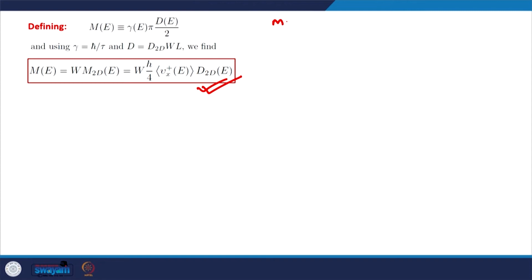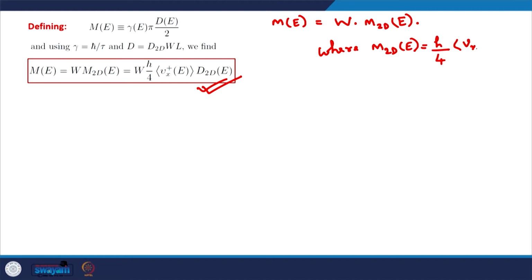So, the number of modes in a 2D channel, in a more formal way, can be written as W times the number of modes per unit width, where the number of modes per unit width is h by 4 times the average velocity of electrons in the positive x direction times D2D(E).